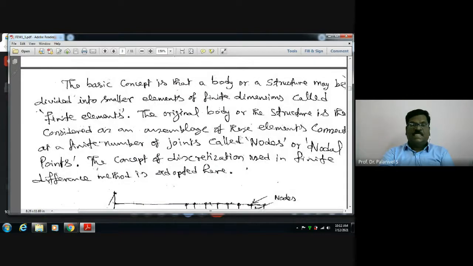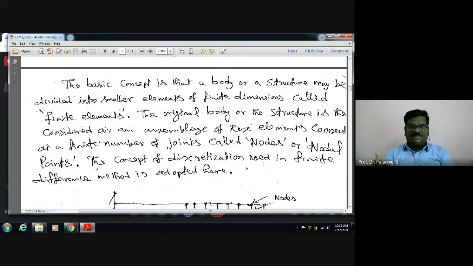The basic concept is that a body or structure may be divided into smaller elements of finite dimensions called finite elements. Please listen carefully.